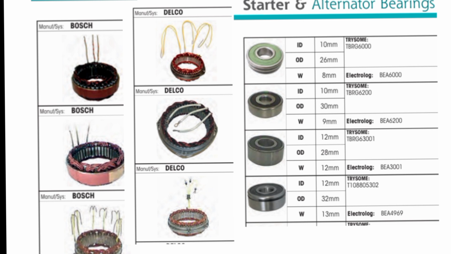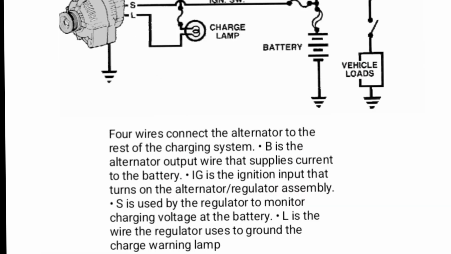Rectifier converts AC into DC. Voltage regulator controls output voltage. DC power goes to battery and vehicle electrical system. Normally charging voltage will be around 13.5 volts to 14.5 volts in 12V systems, and 27 volts to 28 volts in 24V systems.